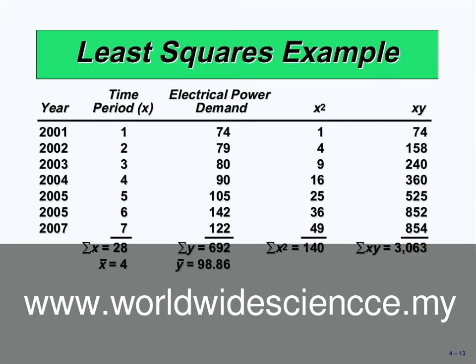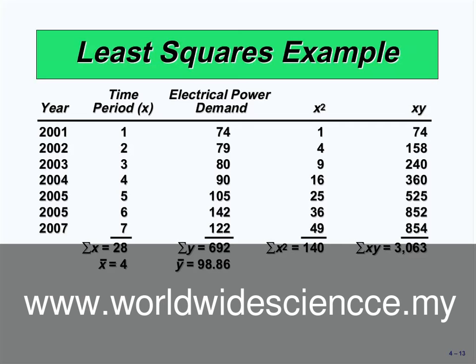And also you should sum all of the Y, or all of the electrical power demand, sigma Y. Sigma Y is equal to 692 kilowatts for these 7 years. Sigma Y divided by 7, because there are 7 years here, is 98.86.